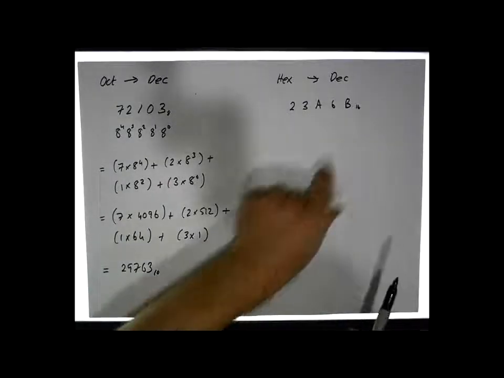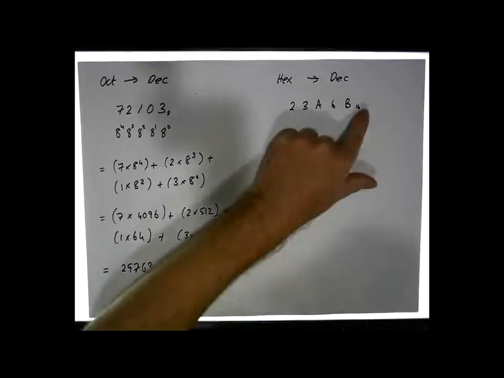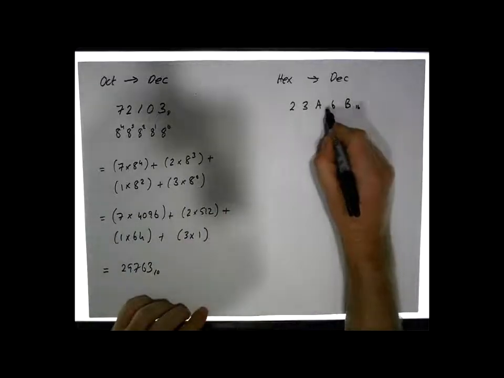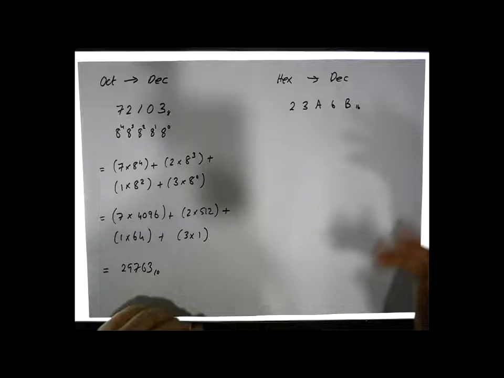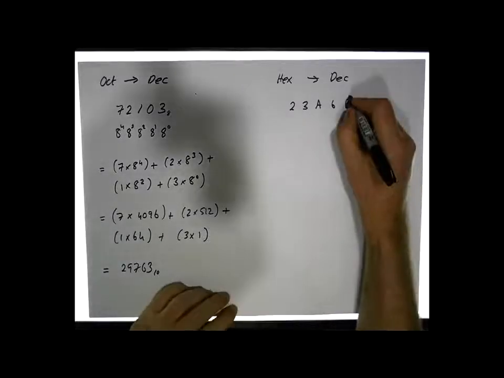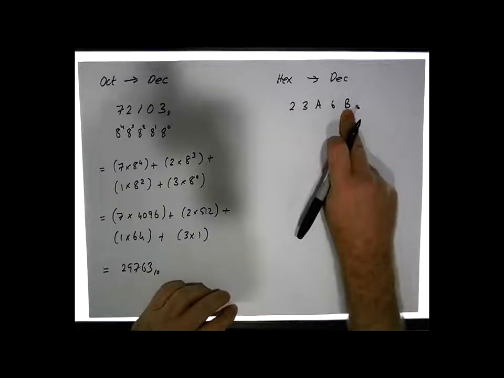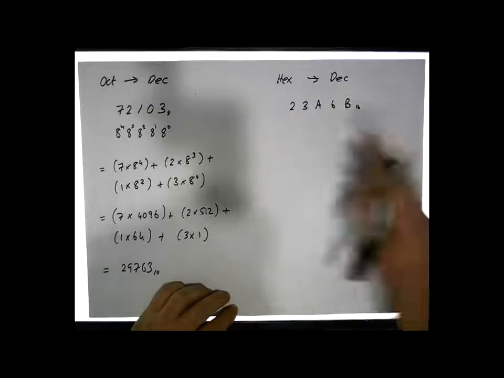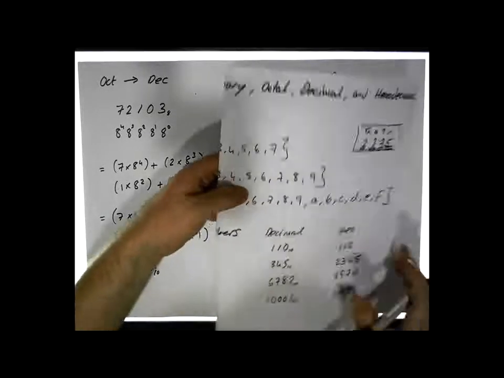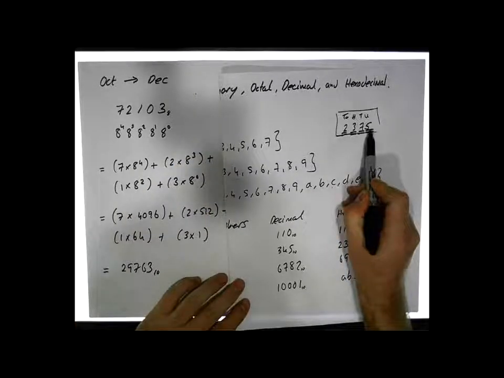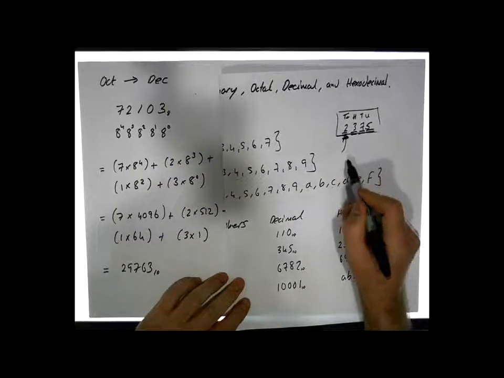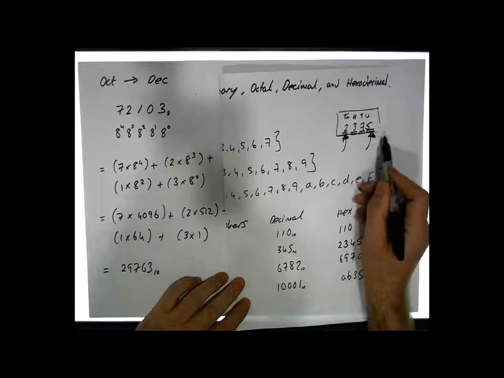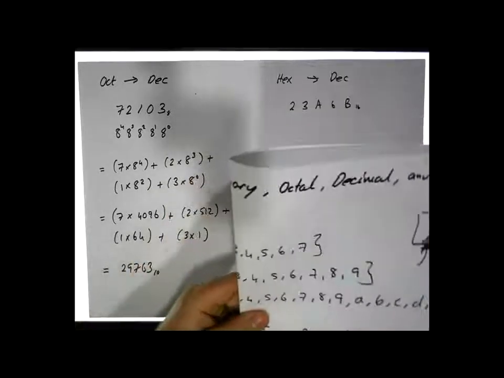Once again, this is a positional number system. It's in base 16, so every digit represents how many powers of 16 there are. If I owe you 2,375, what you're really interested in is the 2,000, the most significant digit. You're not really interested in the five too much.